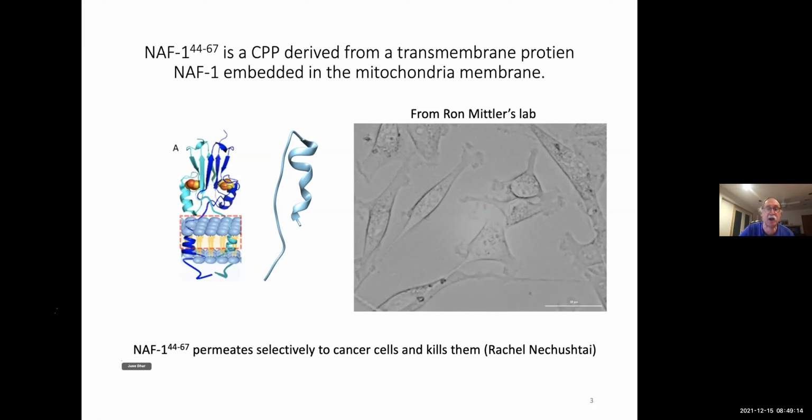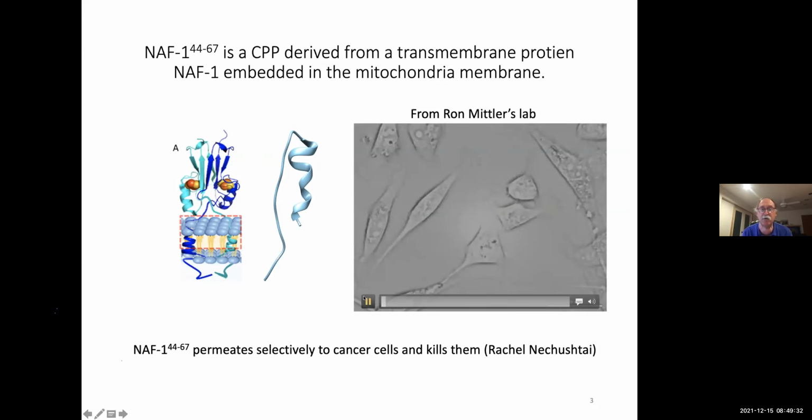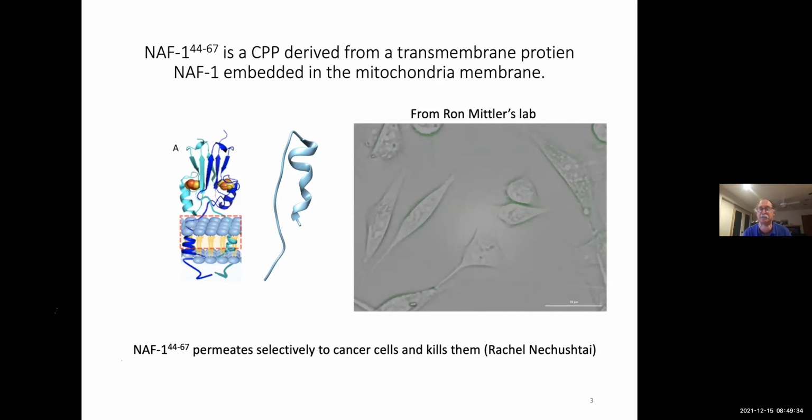Essentially, you throw the peptide on the cancer cell that you see here, and the peptide carries a fluorescent green probe. If you watch, you see the green color growing at the membrane of the cancer cell. So here we go. The movie is sped up.